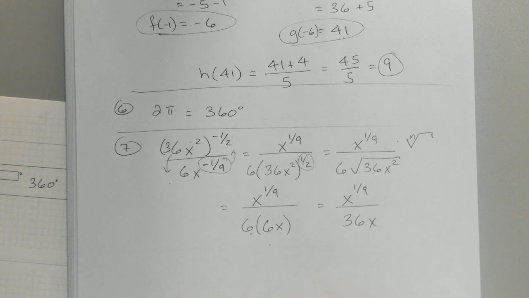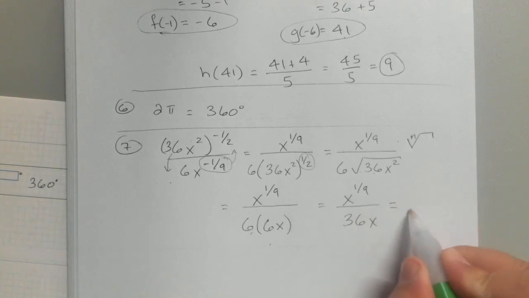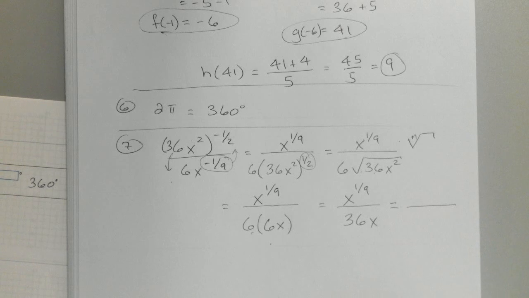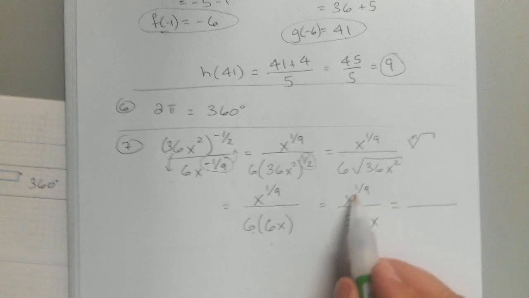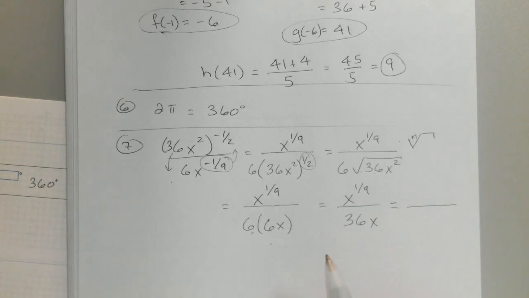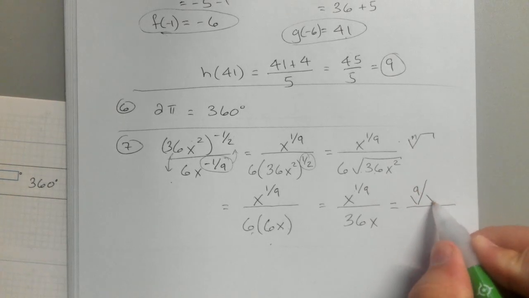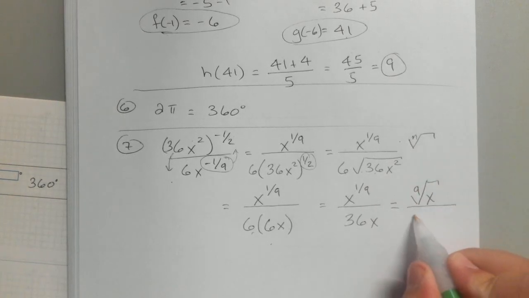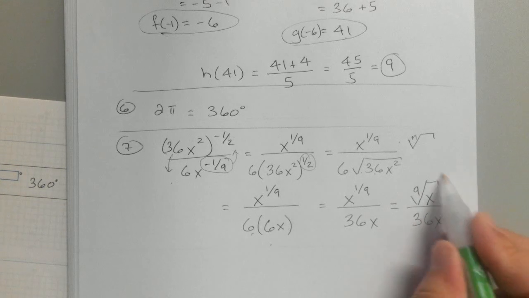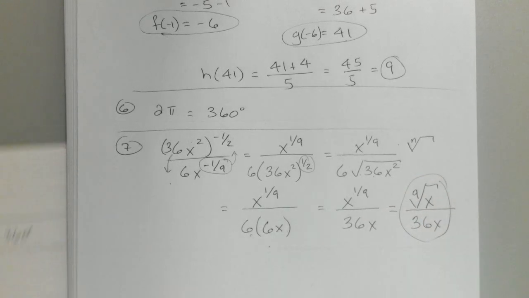No. Why not? What do we do at the top? Make it a radical. How do we make it a radical? What does it become? Square root of x. This is 1/9. I mean, no. 9th root of x to the first. There's your answer. Good.